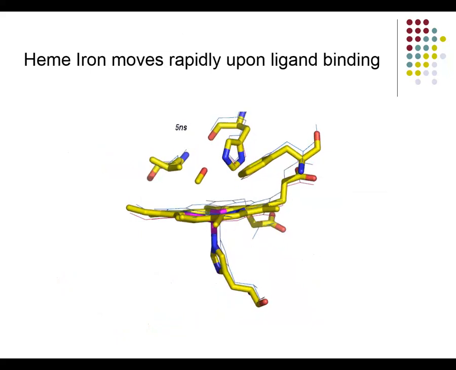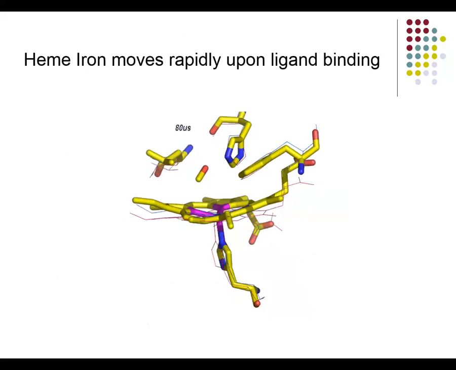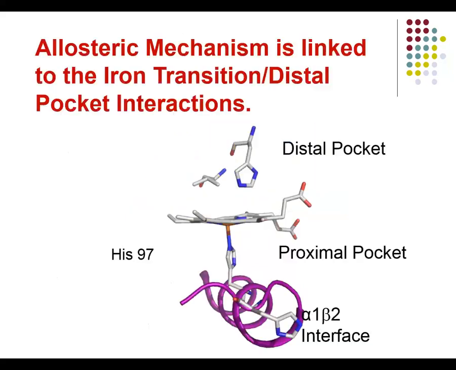As you see the heme iron moving out of the heme plane, you see the F helix being pushed down and away from the heme plane. As the proximal histidine is pushed down and out of the heme plane, so is the F helix. And that motion is going to be transmitted into the interface. And that's what we see here.